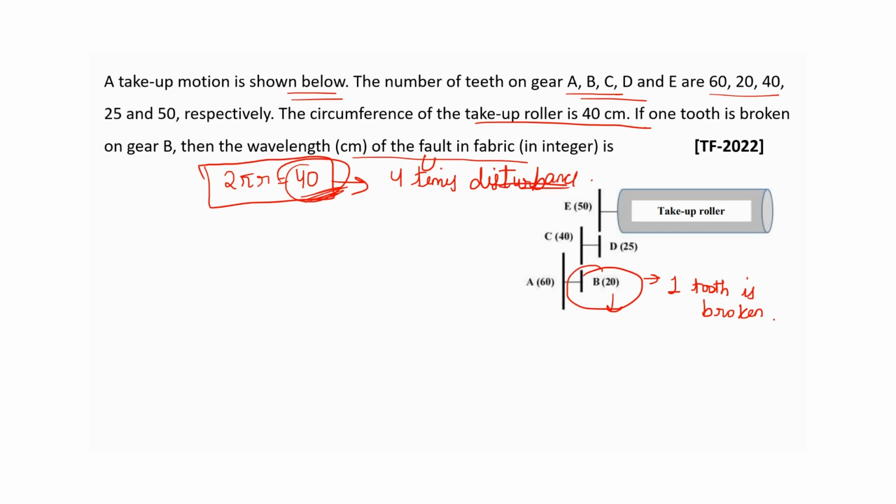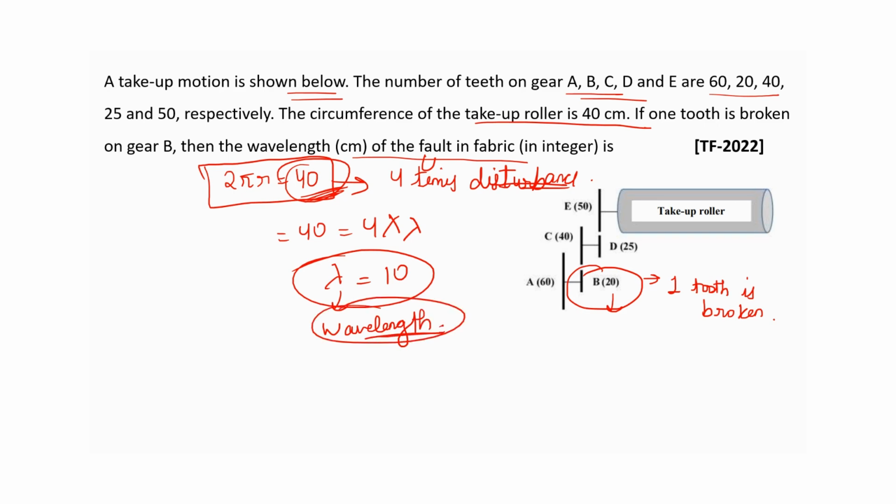If it is 4 times, let's suppose the wavelength is lambda, 40 is equal to 4 into lambda, then lambda is equal to 10, so the wavelength is 10 centimeter.